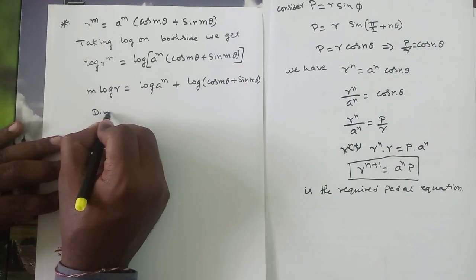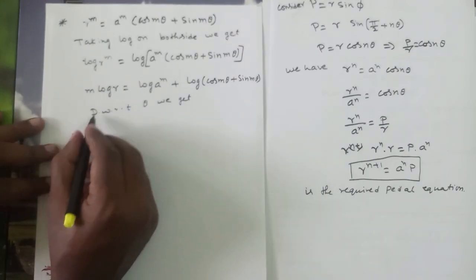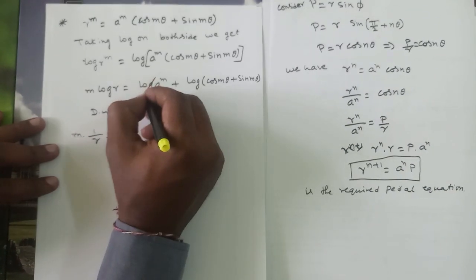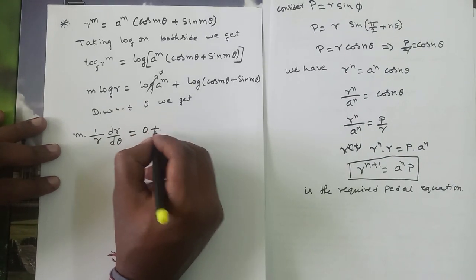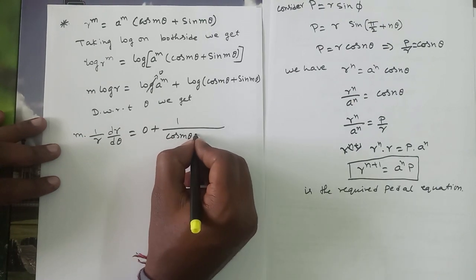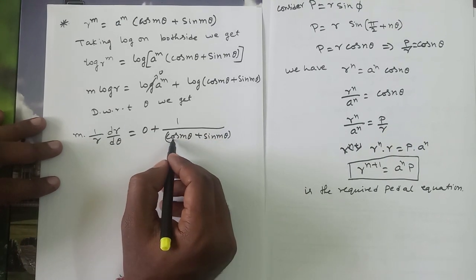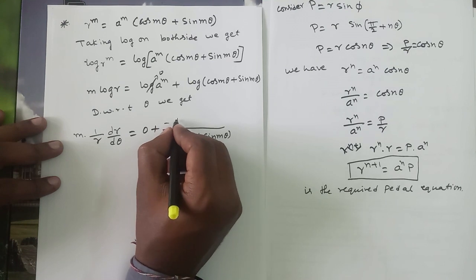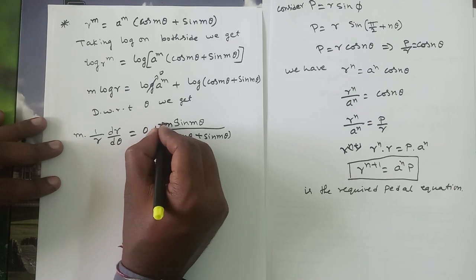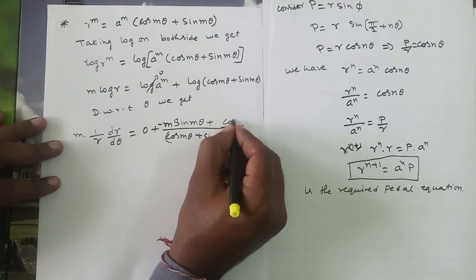Now here differentiate with respect to theta, we get, so here m into 1 by r into dr by d theta equals, this is a constant term, so this becomes 0, plus 1 over cos m theta plus sin m theta into, if you differentiate cos, you will get minus sin m theta into m, and if you differentiate sin, you will get cos m theta.